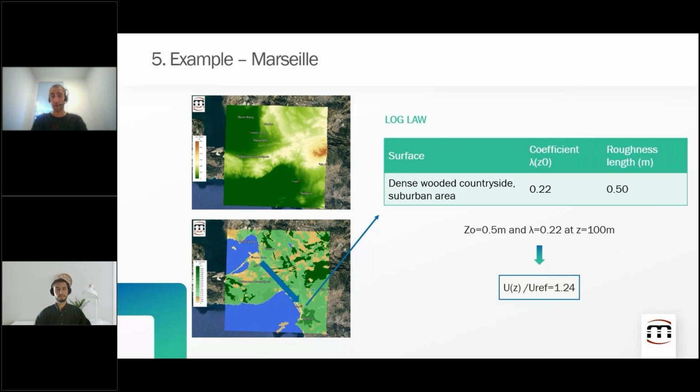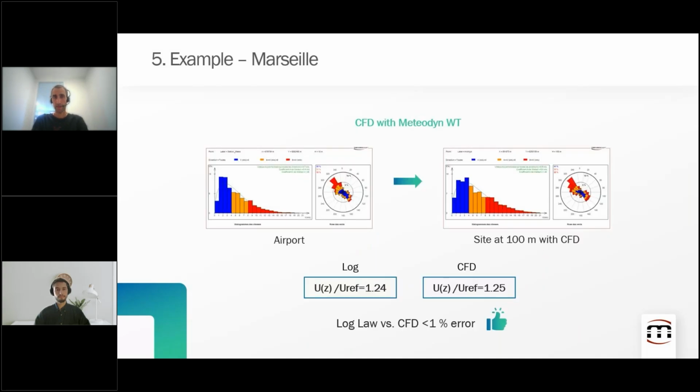So that's what the logarithm law gives me. And now let's compare to what the CFD approach gives me. The CFD approach, with our in-house tool on the next slide, takes into consideration large-scale effects, the roughness effect or the orographic effect, over a 10 kilometer radius. So from the airport to the site, we could see that in this case my logarithm approach provides the same value as my CFD approach.